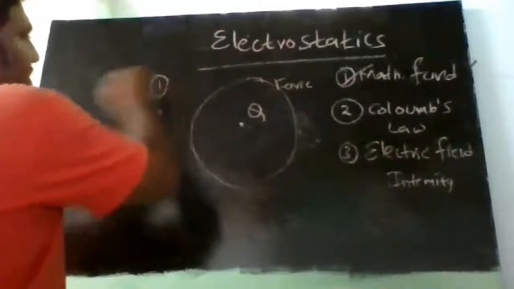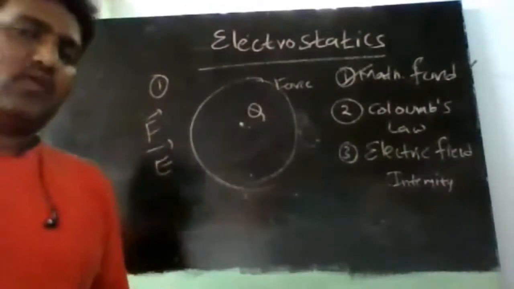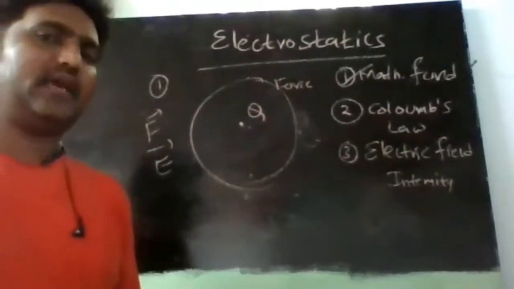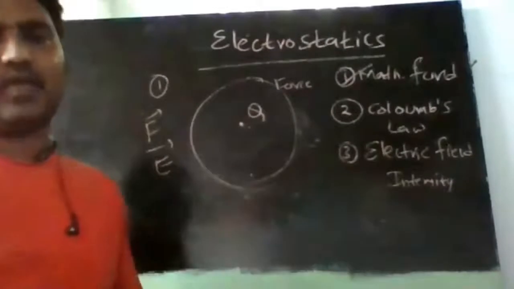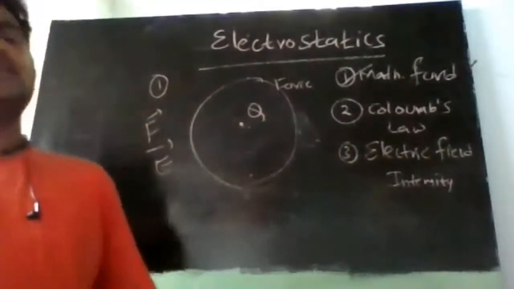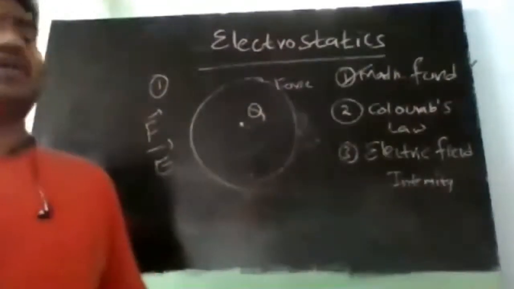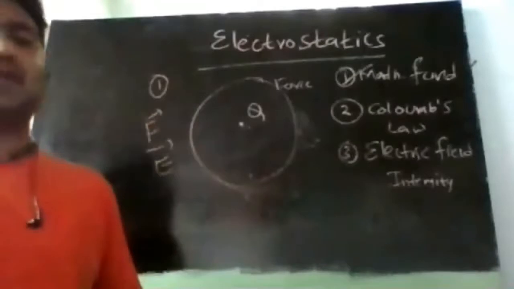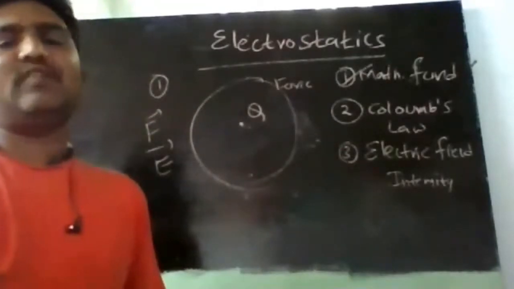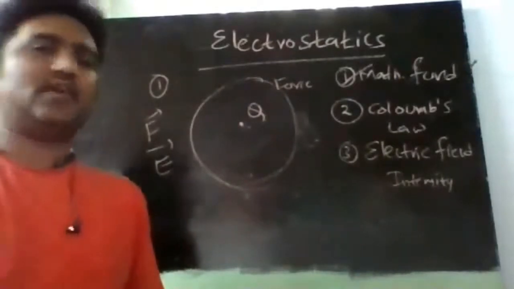You can calculate the electric field intensity or force due to any kind of charge using Coulomb's law. But the point is, whatever electric field intensity or force you calculate, the expression of force will give you accurate results only for point charges.